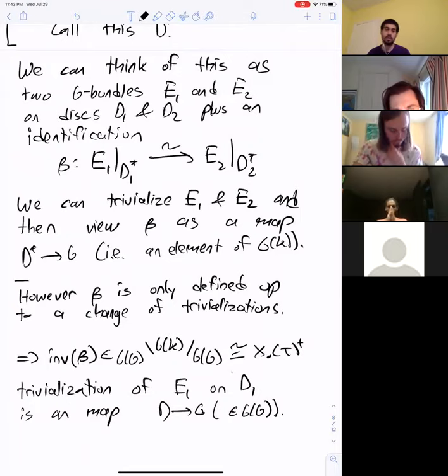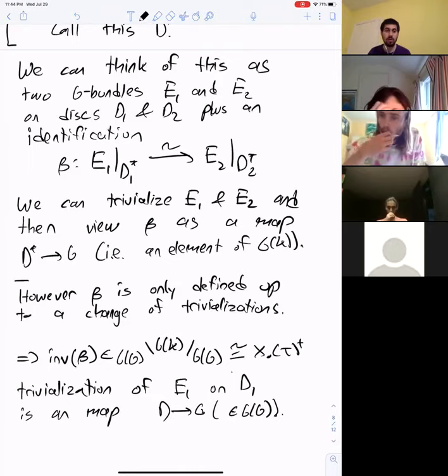Then we look at where the trivial identity section goes, and we get a clean map from D star to G. The issue is that, given a G bundle on D prime, we get an element of G(K), but to define that element we have to pick trivializations of E1 and E2. And yet the bundle itself does not depend on those trivializations. So we have to mod out by those. And each choice of trivialization is itself a map from D1 or D2 to G, i.e.